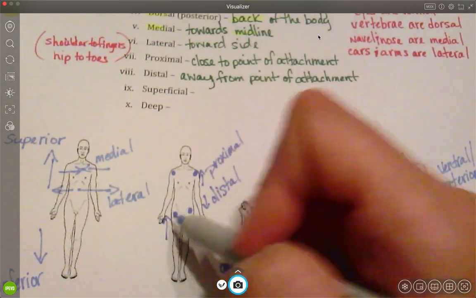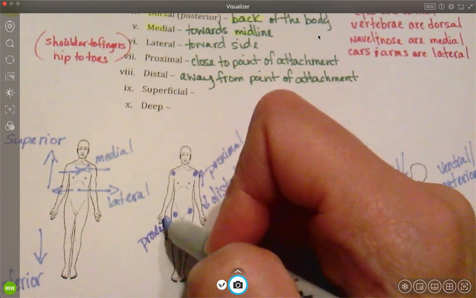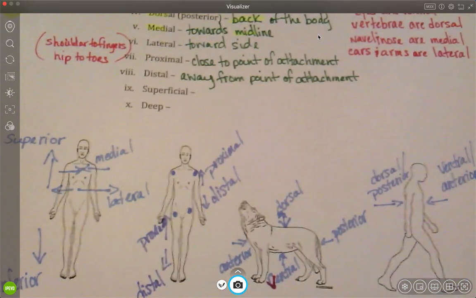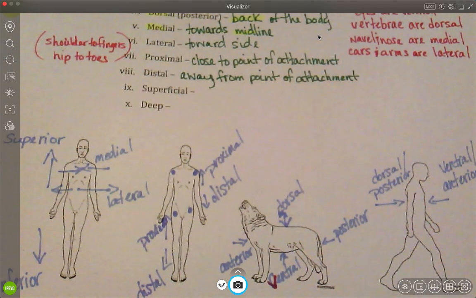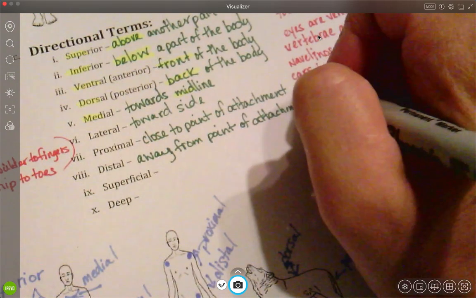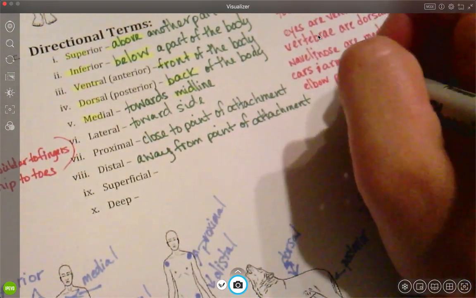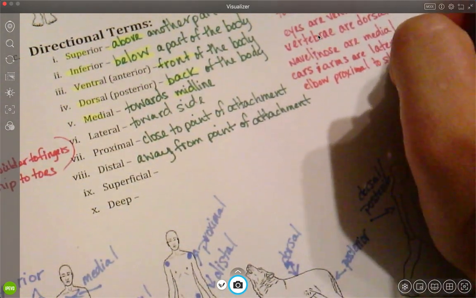If it's close to point of attachment, it's proximal. If it's away from point of attachment, it's distal or distant. So we're only using it when we're talking about our arms and our legs. So I would say, as my example, my elbow is proximal to my shoulder.